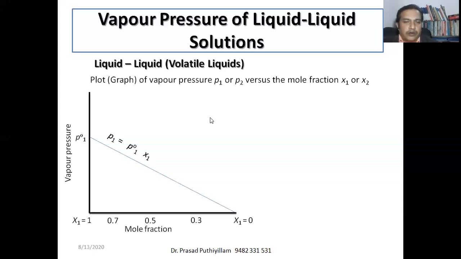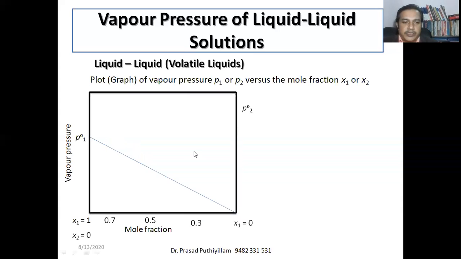Likewise, for component 2, the second liquid of the liquid-liquid mixture, if its mole fraction value is 0, it is not there, so the pressure exerted is 0. On increasing it to 0.3, the component 1 will be 0.7, and the pressure due to component 2 will be increasing.